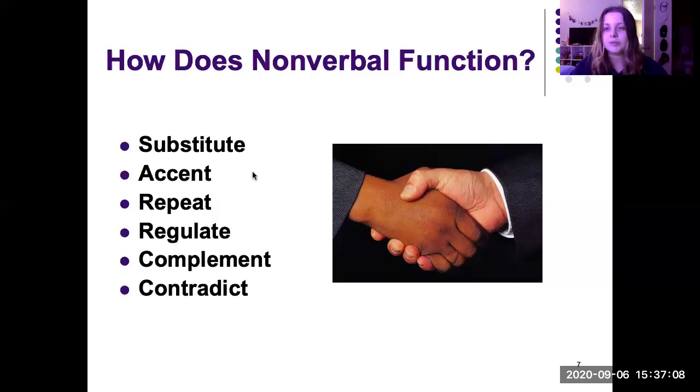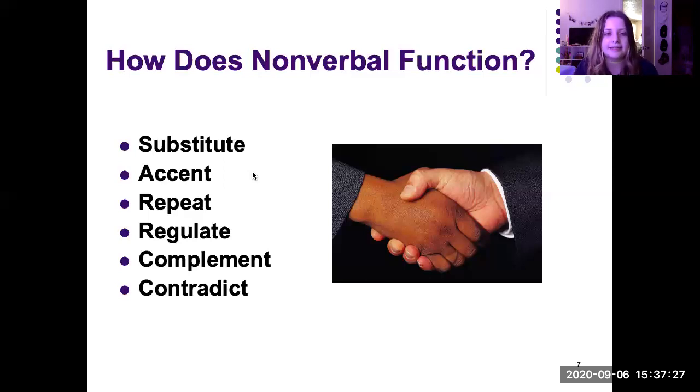Versus if someone was talking to you and you were staring down at your hands, at your watch, looking away, those would be regulating nonverbals that would mean you do not want to continue communication.